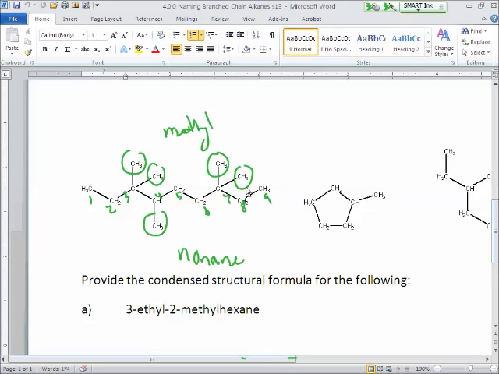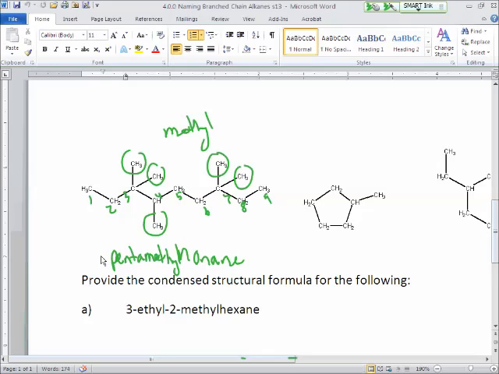I need a prefix that indicates 5. So I have to have pentamethyl. 5 methyls. If it was 2, it's di. If it was 3, it's tri. If it's 4, it's tetra. And then if it's 5, it goes back to what we have as 5 carbons as well. So it's pentamethyl.